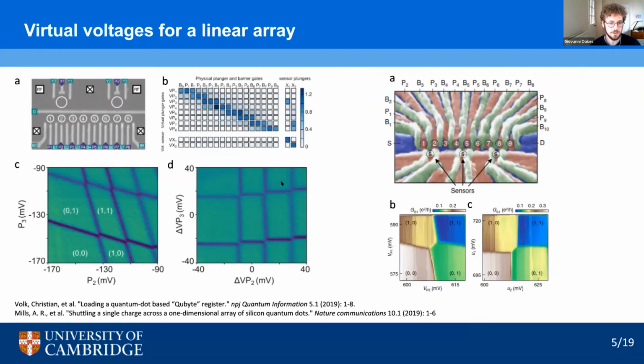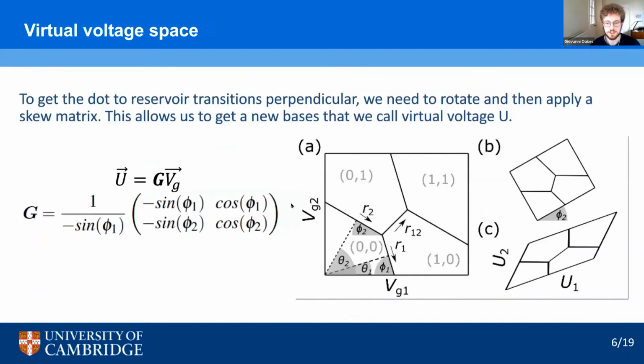For a 1D array, we have fewer nearest neighbors, so this transformation matrix from gate voltage to what we call virtual voltage space is quite sparse, as most of the values will be 0, and we only have values on the main diagonal. And what this virtual voltage does is effectively rotate our basis state by a certain angle, here psi 2, and then we also apply a skew.